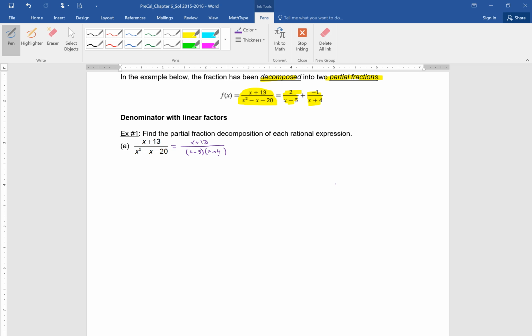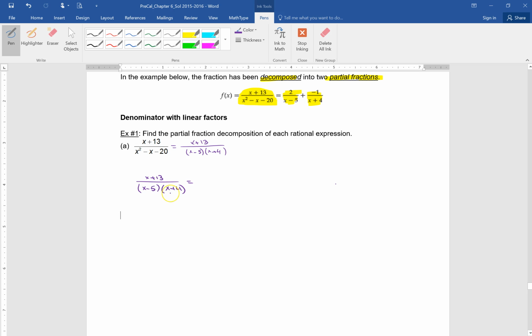Okay? All right, so let's do that. I'm going to write the main fraction here. Equals, now, how many elements are in the denominator? How many terms, how many elements? There are two terms. You have an x minus 5, you have an x plus 4.